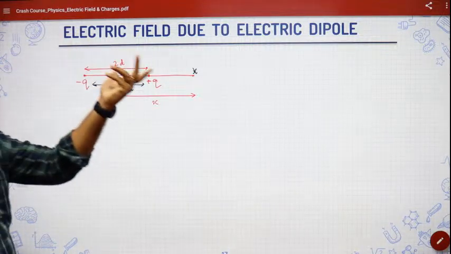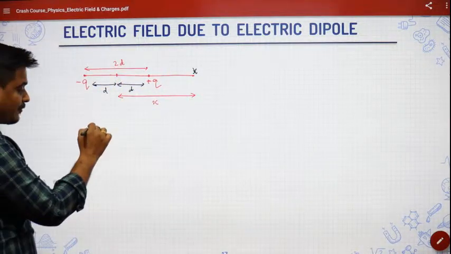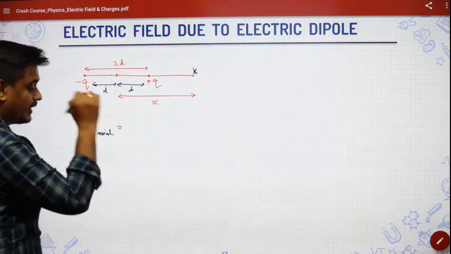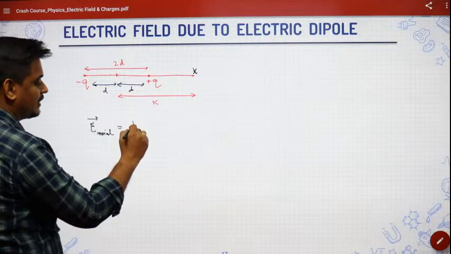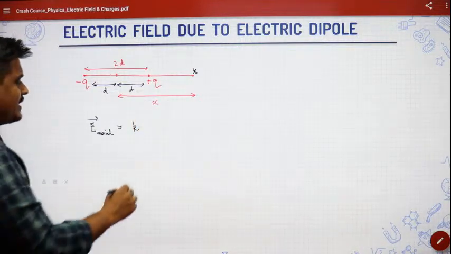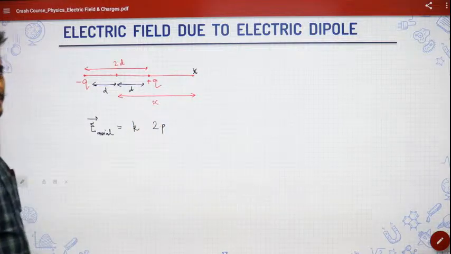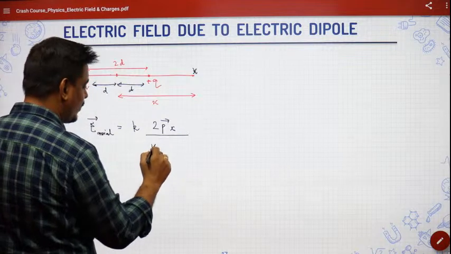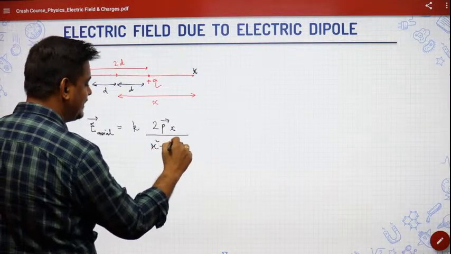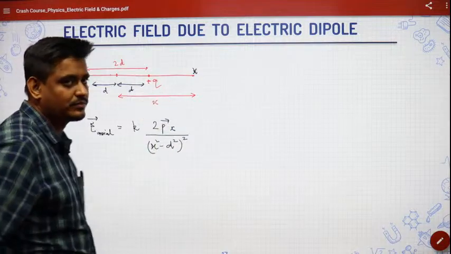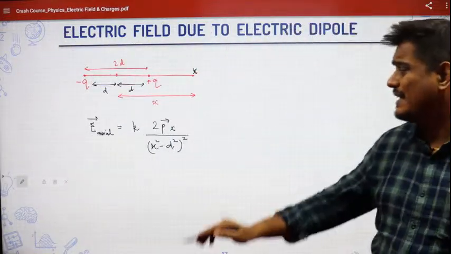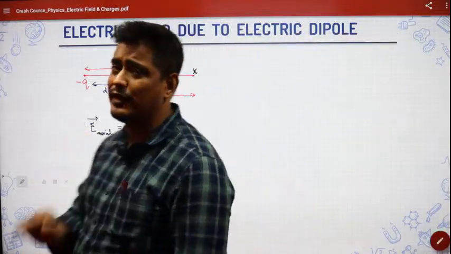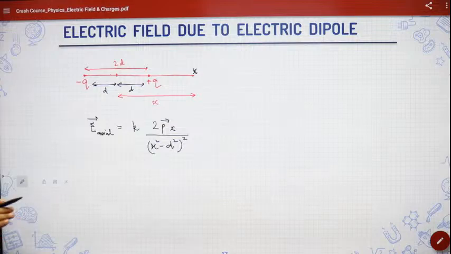We have already derived this in the previous sessions, and we found that the electric field due to the axial point would be equal to k, that is 1 by 4 pi epsilon naught, times 2p, actually p is a vector, into x by x square minus d square the whole square. Remember this, it is 2px by x square minus d square the whole square. This is the formula of electric field due to an electric dipole at an axial point.